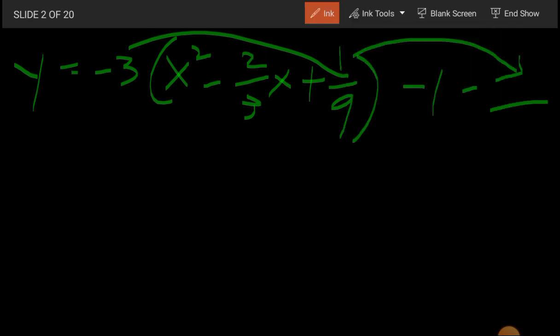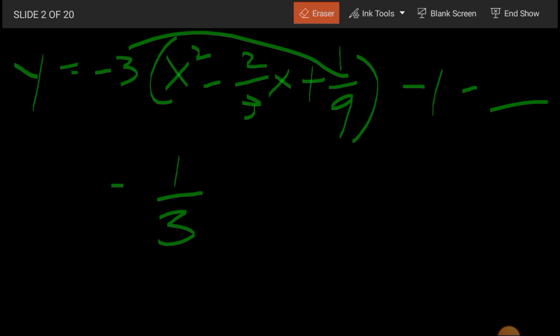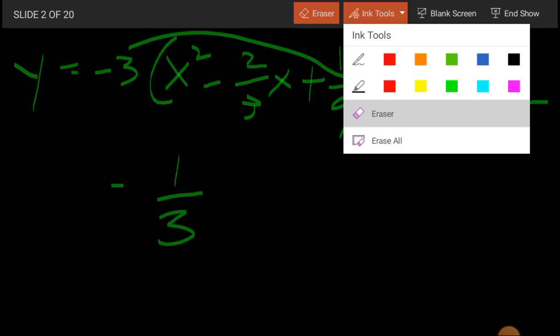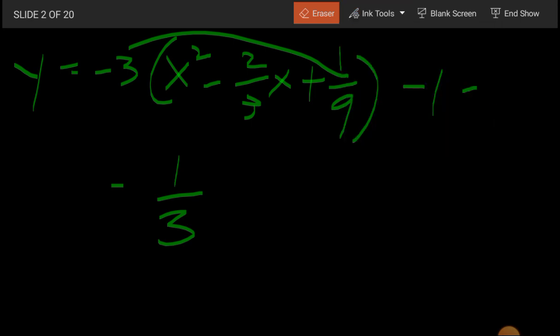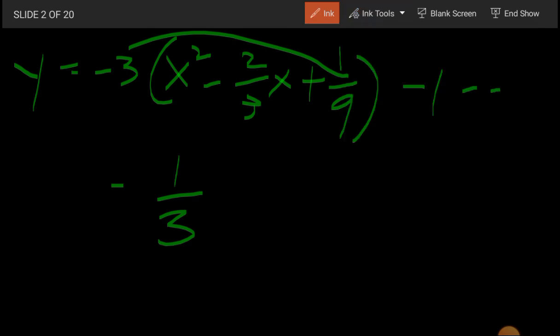Magiging negative 3 times 1 over 9. So, that's negative 1/3.